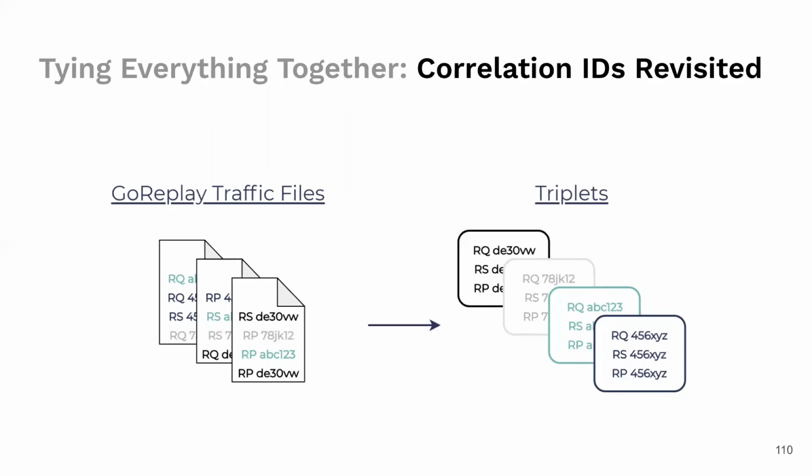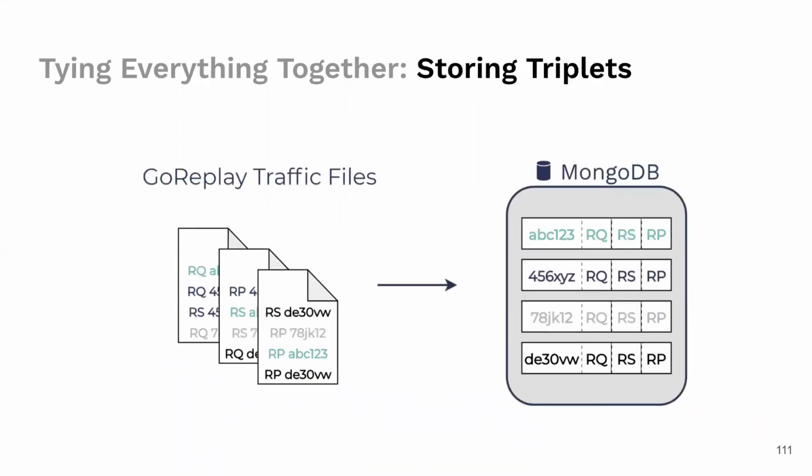On one hand, we thankfully didn't have to implement correlation IDs ourselves. But on the other hand, we still have to do some work with correlation IDs to parse and rearrange GoReplay's traffic files. So how do we do that? One naive approach would be to read each of the traffic files into memory and group the entries into triplets, but we wanted something a little more scalable, a little more efficient.